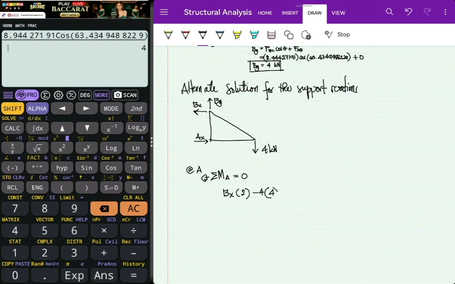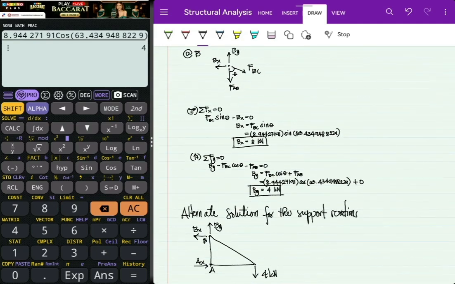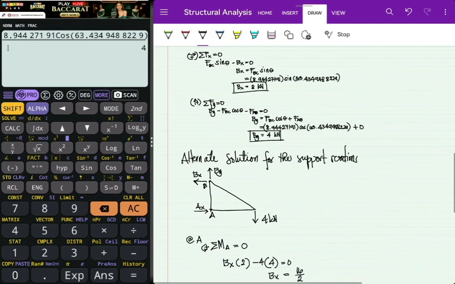So 4 is equal to 0. No b sub y, because b sub y and a sub x, their line of action passes through point A. This is point A and this is point B. Okay, so therefore b sub x is equal to 16 over 2. Therefore b sub x is equal to 8 kilonewtons, which is the same with what we got using the method of joints.